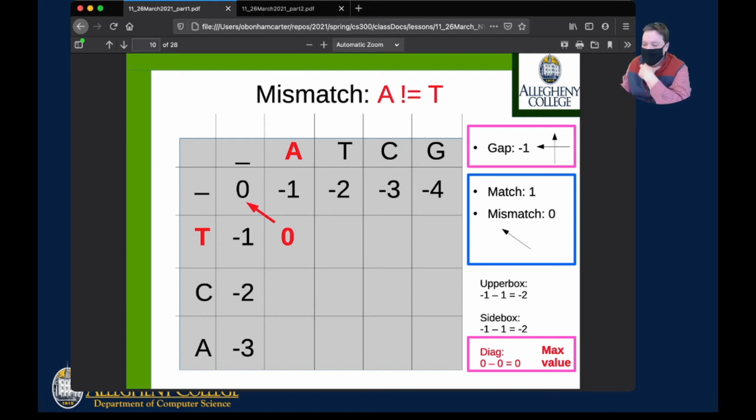First of all, I have my upper box, which is this up here, which is -1. Well, what is that -1 there? Let me give you an idea about how to read this. That's my gap. Notice these 2 arrows, either up and down, or left and right, tell you that you're supposed to use this gap value only when you're looking at the cell directly above you or the cell directly to your left.